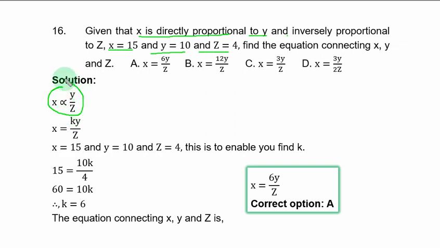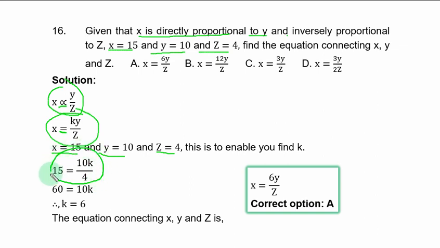Now in variation or proportion, we always do away with the symbol of variation by introducing an equality sign. As you are doing that, you also introduce the constant of variation, K or C. The reason why s is 15, y equal to 10, and z equal to 4 is to enable you find K. So you simply replace s, y, z with what they stand for, and you have this.